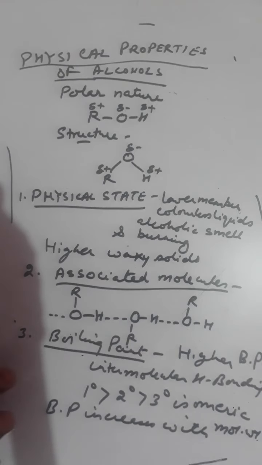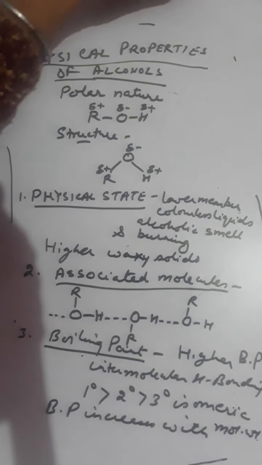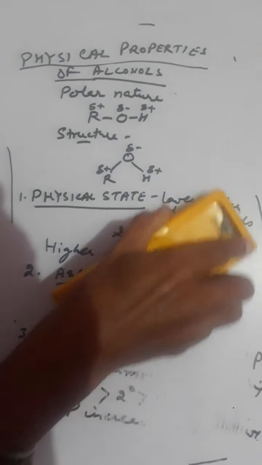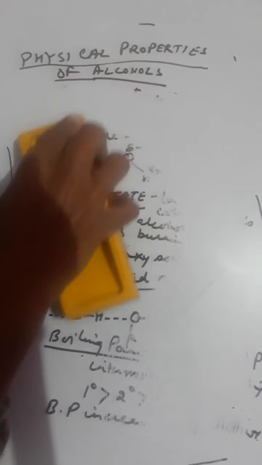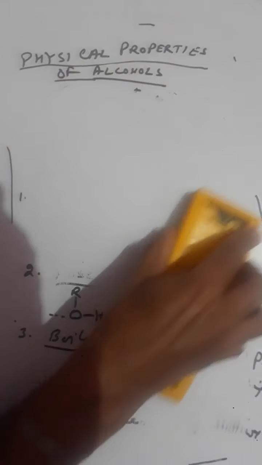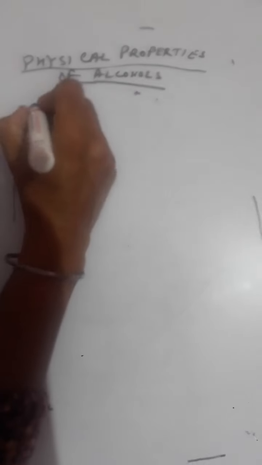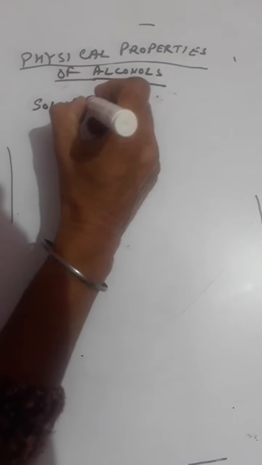So we have discussed boiling point, and now we will discuss the solubility. When we say solubility, the solubility of alcohols is they are soluble in water.